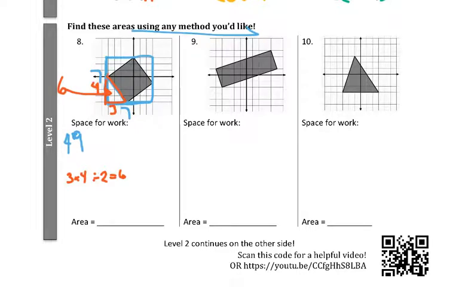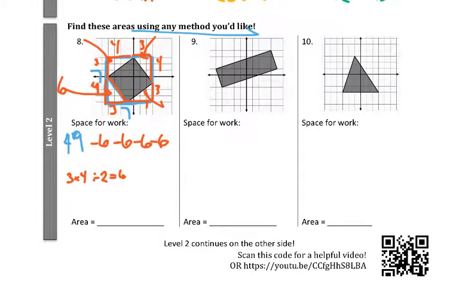Well, looking at these other triangles, it looks like that has a height of 3 and a width of 4. This has 3 and then 4, 3 and then 4 again. Okay, so it turns out that all of these triangles have an area of 6. So I could take 49 and subtract 6 four different times, one for each of those triangles.